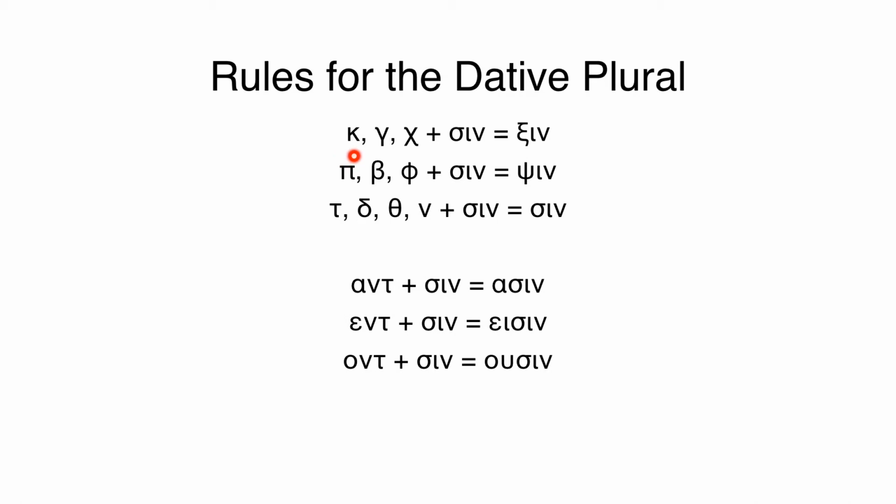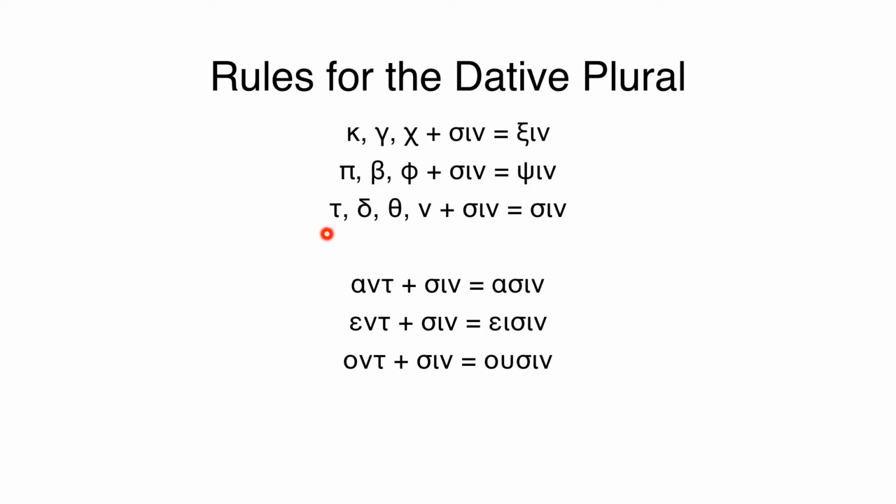When we have kappa and gamma and chi, plus this sin ending that we will find in the dative plural, these 3 letters will turn into xi, so the ending becomes xin. When we have pi, beta, or phi, plus the sigma ending, we get psi. So the dative plural will end with psin.